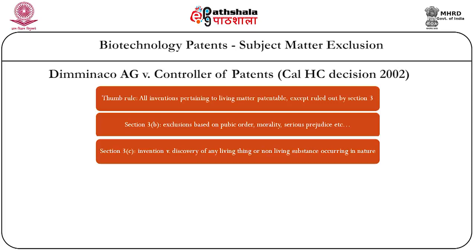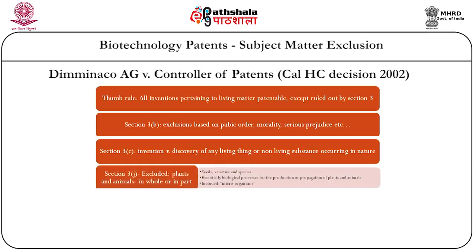There are express policy considerations that are employed in section 3(j), wherein the exclusion extends to plants and animals in whole or in part. It also excludes seeds, varieties and species, essentially biological processes for the production and propagation of plants and animals, but as per the mandate of the TRIPS agreement, wherein microorganisms must be patented, here also in India microorganisms are allowed patents.